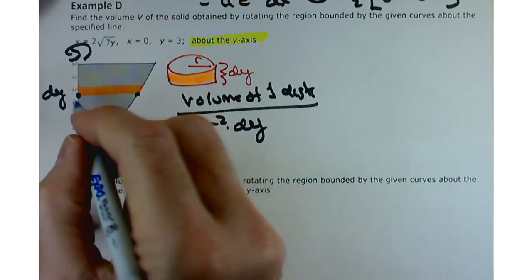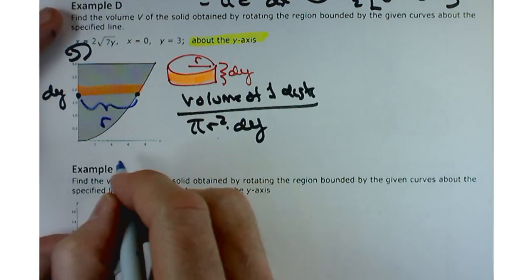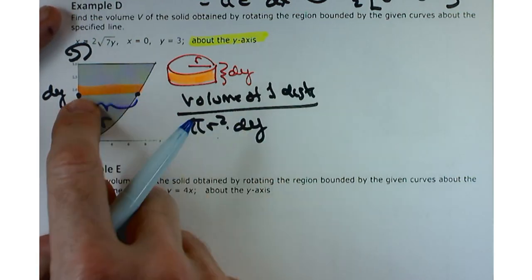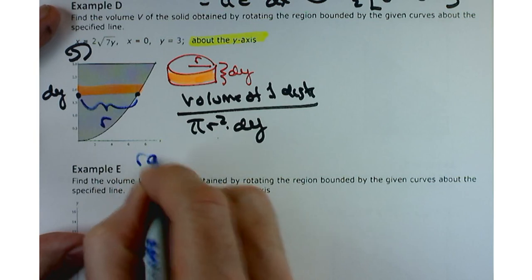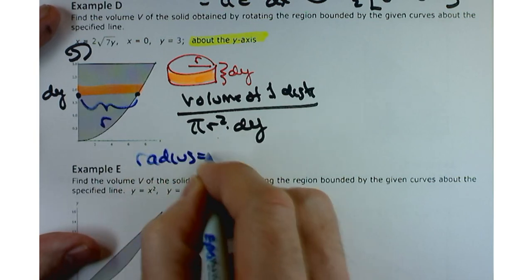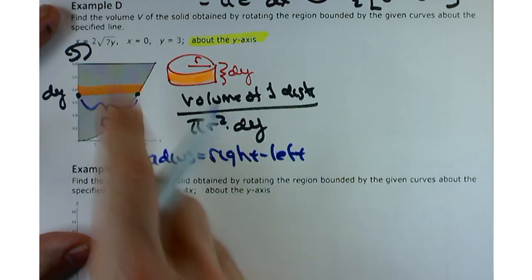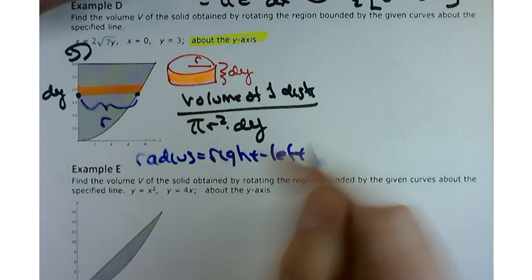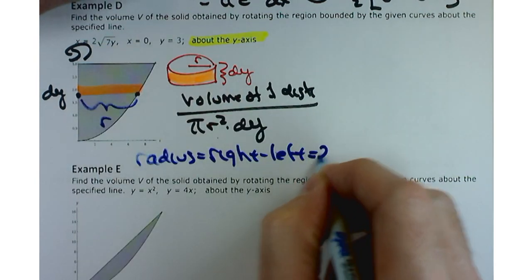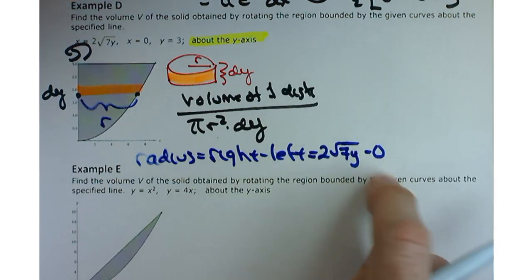So that's going to be r, and r is going to be the rightmost function minus the leftmost function. So r, the radius, is the right minus the left, which is going to be 2 square roots of 7y minus 0, or just 2 square roots of 7y.